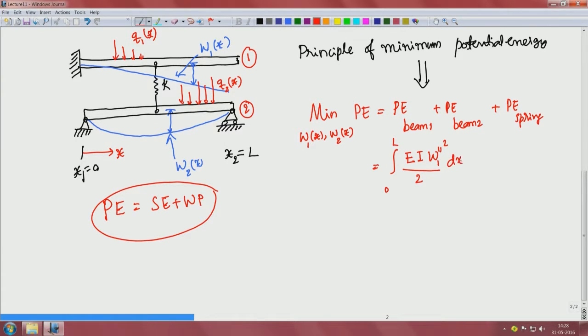So, that is strain energy, and the work potential is the negative of the work done, that will be 0 to L. Q1 is the loading acting on it and W1 is the displacement. This will be for beam 1, and then we will have 0 to L E I. In fact, we can call it I1 and I2. We are taking the same material, but moment of area could be a different function.